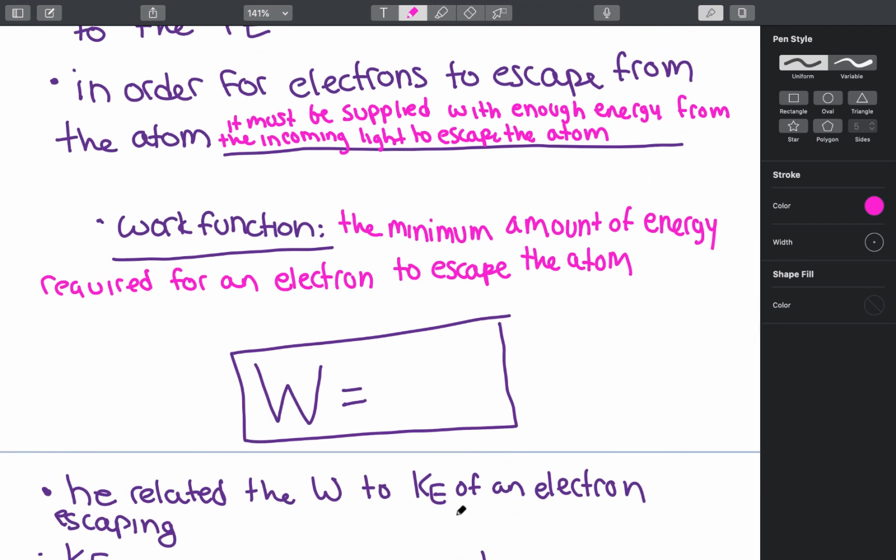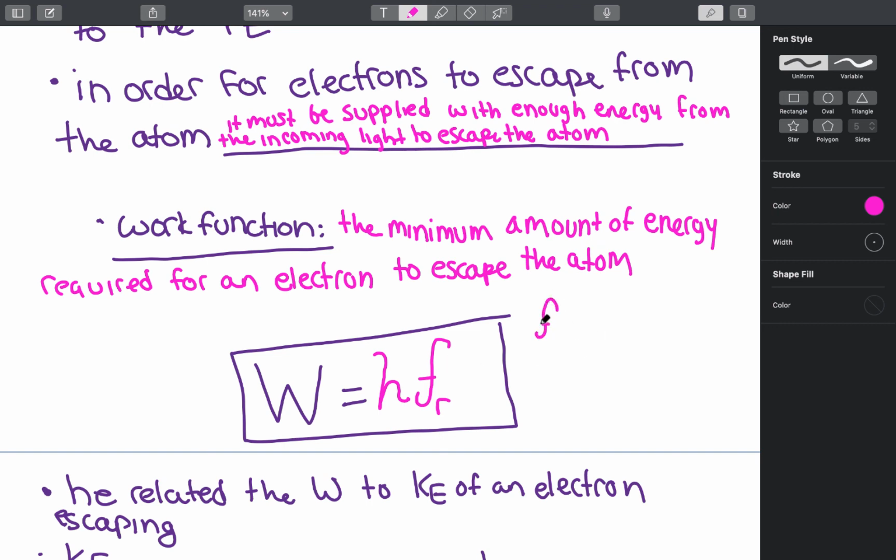So how is this work function calculated? Well, it's actually the exact same equation that we talked about earlier. So the work function is equal to Planck's constant times the required frequency of light needed to allow an electron to escape.